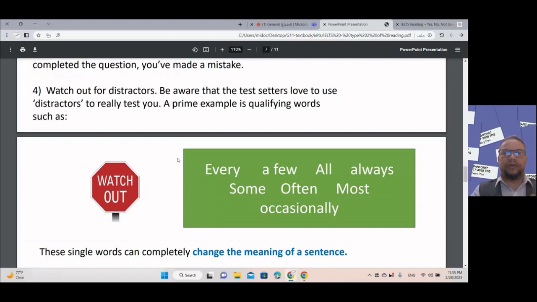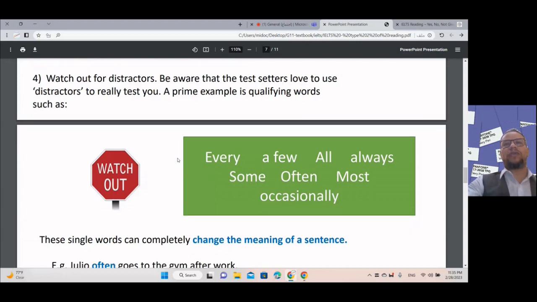It's like, for example, you focus on reading a page in a book, and your friends shout or call you with a loud voice, so distraction. So take care, some distraction words will be around the sentences, texts, paragraphs. A prime example is qualifying words. Take care about qualifying words, such as every, a few, all, always, some, often, most, occasionally.